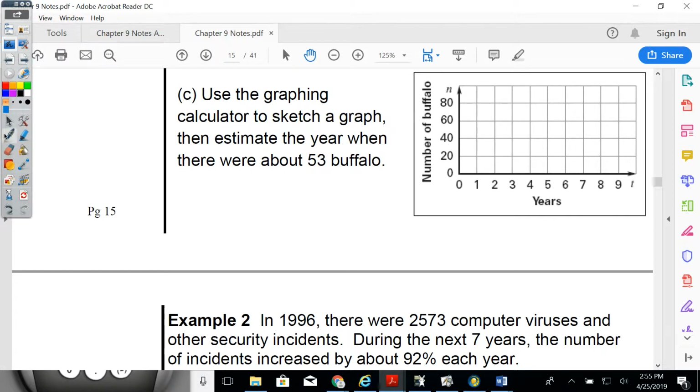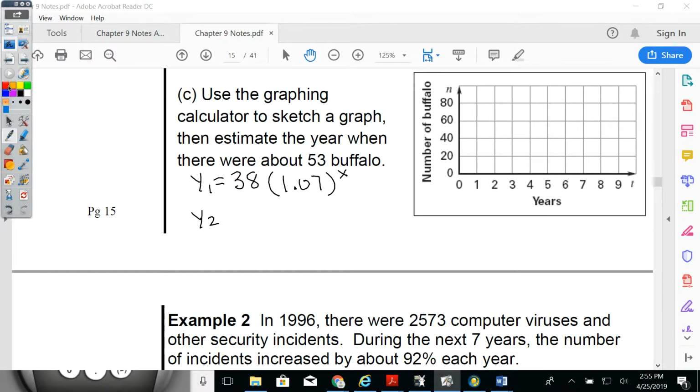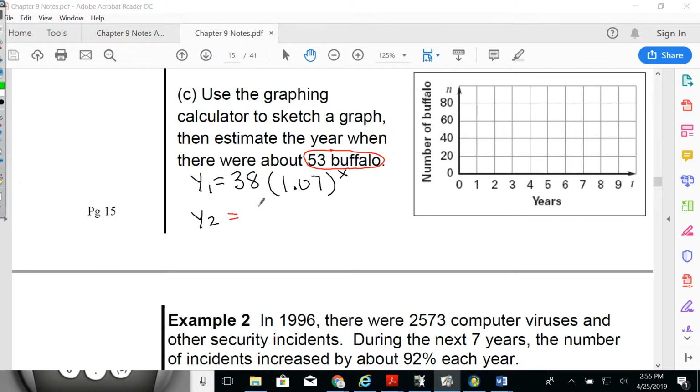So what we're going to do here is take our equation and plug it into y1. So our equation was 38 times 1.07 to the x. And in y2, we want to plug in the number that it wants. So here we plug in 53.